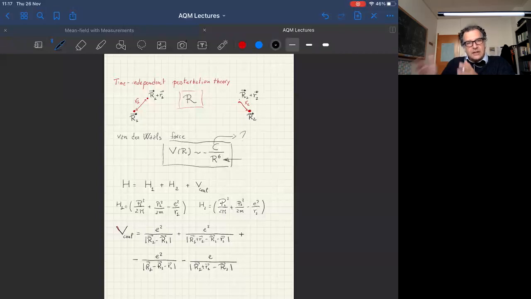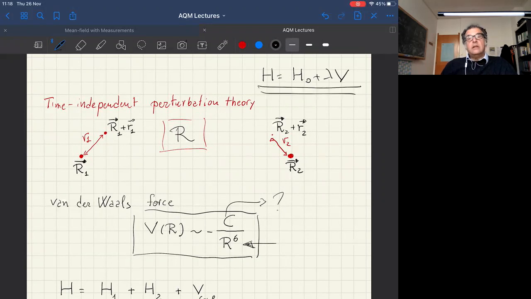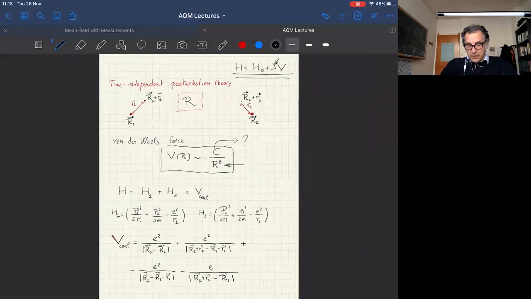It may not exist, but at least try to find if there are regimes in which there is something which looks like a small parameter, such that you can write your Hamiltonian in a form where you can expand upon.